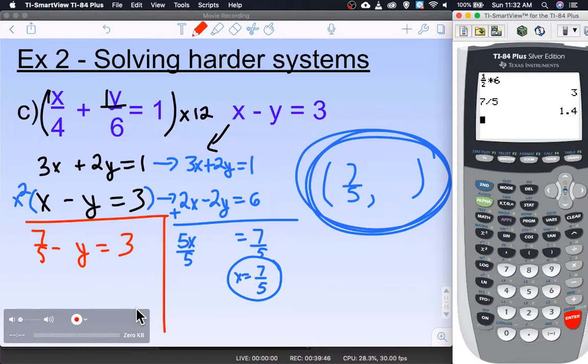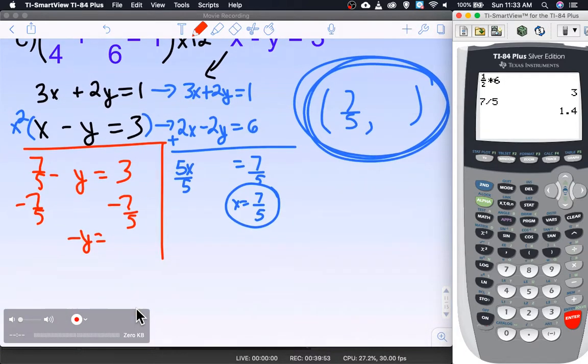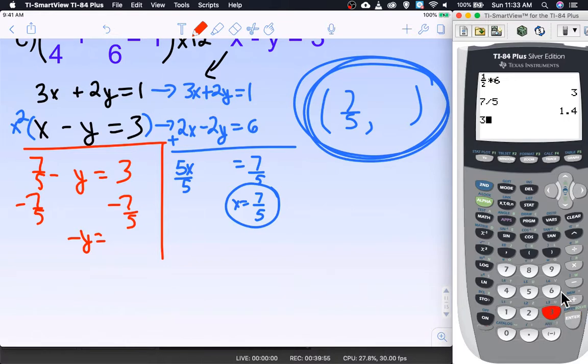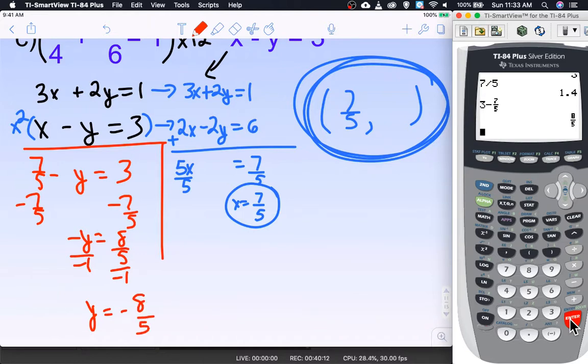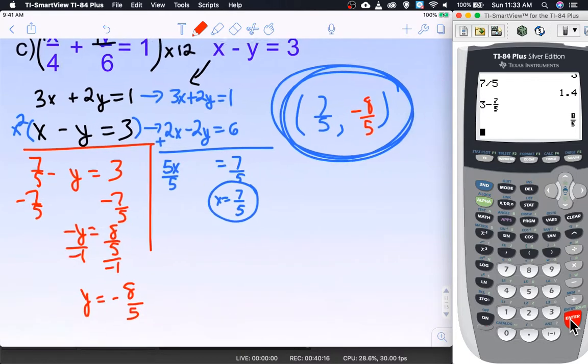I'm going to subtract 7/5 on both sides, and negative y equals 3 minus 7/5, which is 8/5. Divide by -1, and y equals -8/5. And there's my solution by hand.